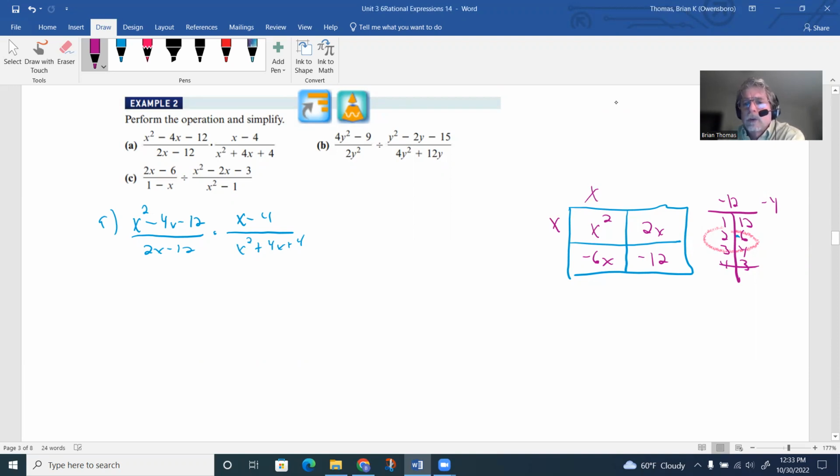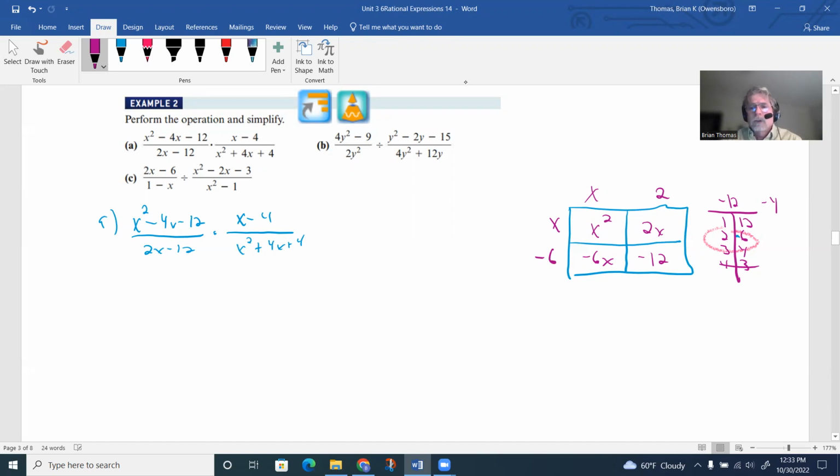Then what we're trying to figure out is, what times x gives me 2x? That's going to have to be a 2. Then we drop down to the bottom: what times x gives me negative 6x? I need a negative 6. And does negative 6 times 2 give me negative 12? It does.